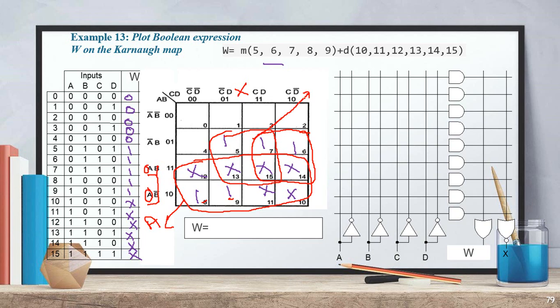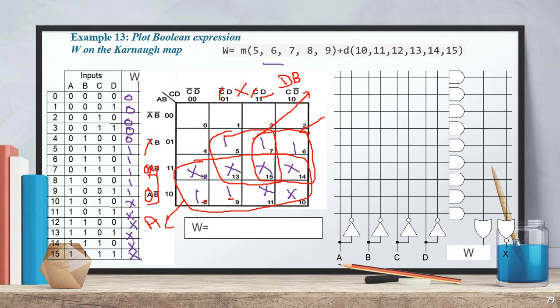For the 5, 7, 13, 15 group, in the 2 columns C bar D and CD, D is common and C gets cancelled. The rows are A bar B and AB, so A gets cancelled and B is common, so it is DB.